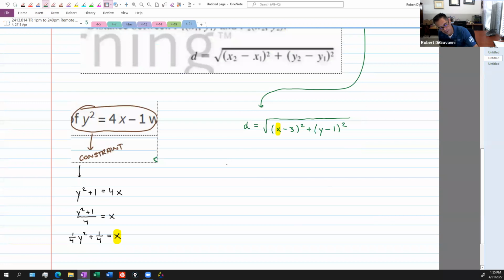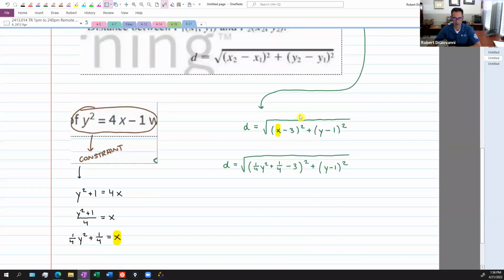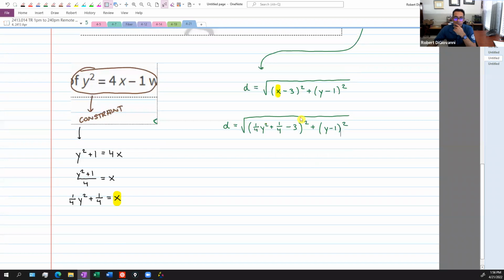All right, d equals the square root of, this is going to be ugly, in parentheses, 1/4 y squared plus 1/4, minus 3 squared, plus y minus 1 squared. Let me just double check that. Yes, okay. Everyone see that I replaced the x? Here's where the x used to be. Now it's that.